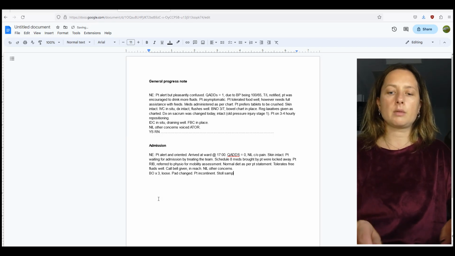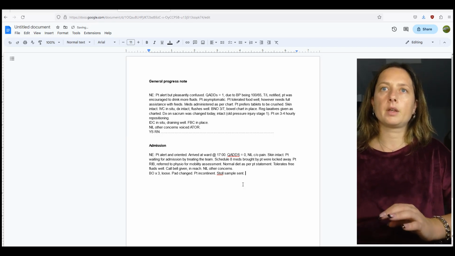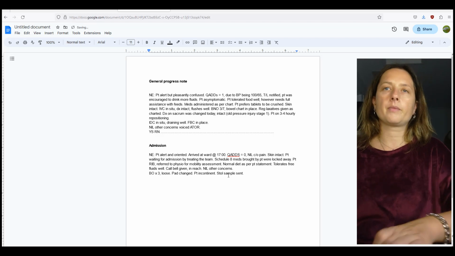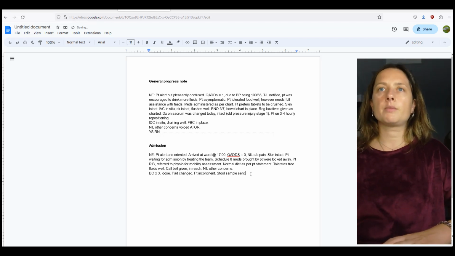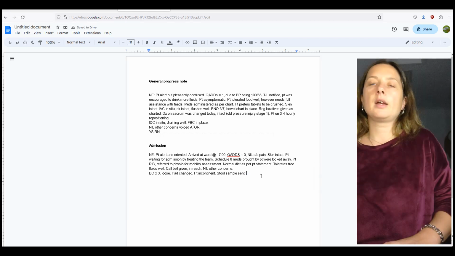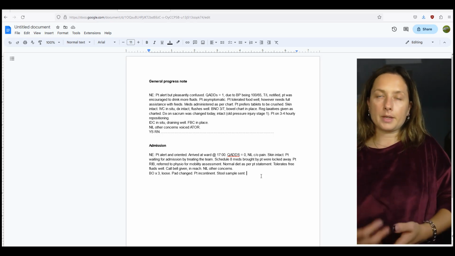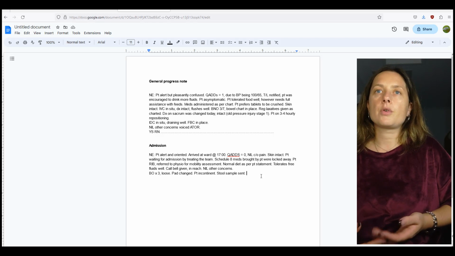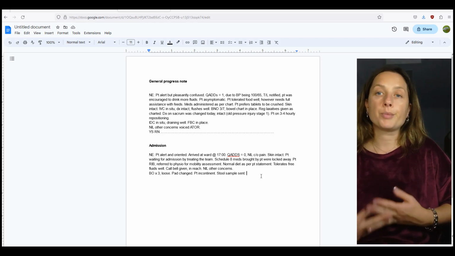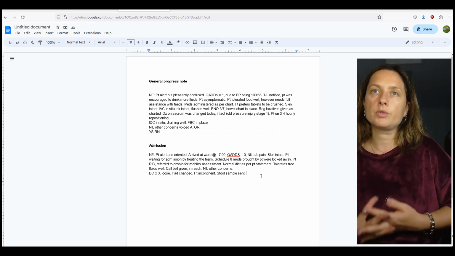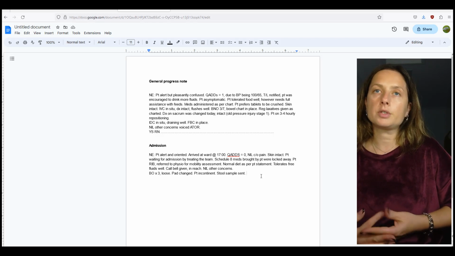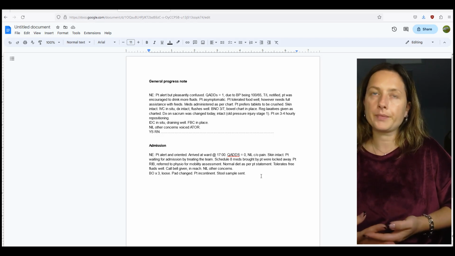stool sample sent. Okay, because usually if someone has loose bowels consistently, a couple of times a day, a few days in a row, you will report it to the treating team, and the treating team usually will give you a slip for the pathologist, so you could send a stool sample.